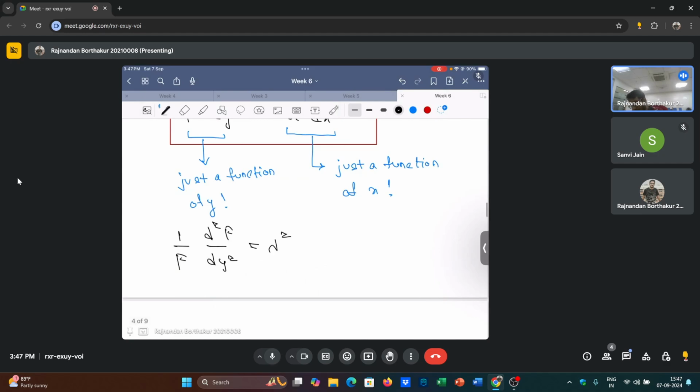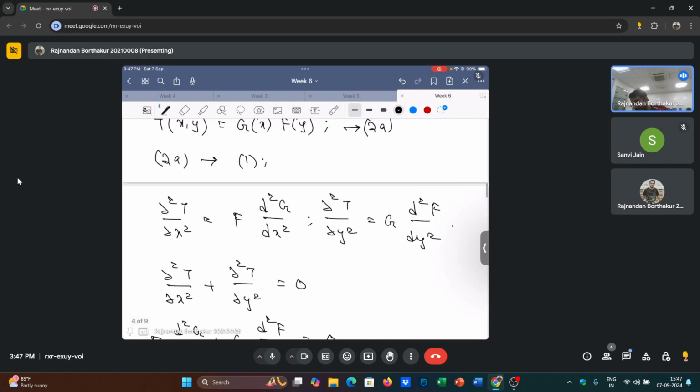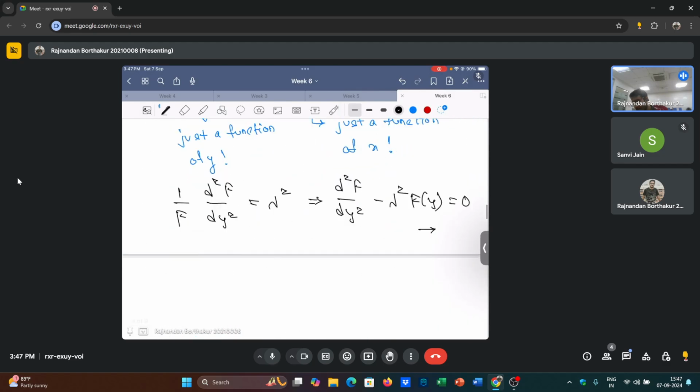And this can now be simplified as d2f by dy2 minus lambda square f equal to 0, where f is of course a function of y. So this is one of the simplified ODEs that we have extracted from the PDE. Let's name this equation 3a.